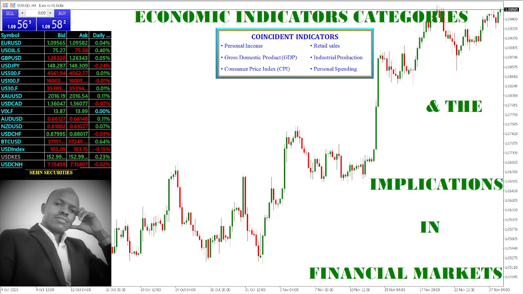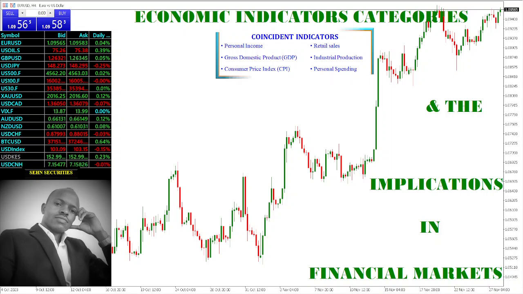As a result, coincident indicators are viewed as reflecting the current state of the economy. It is worth noting that while leading indicators look ahead and lagging indicators look behind, coincident indicators tend to reflect the present or the very recent past.